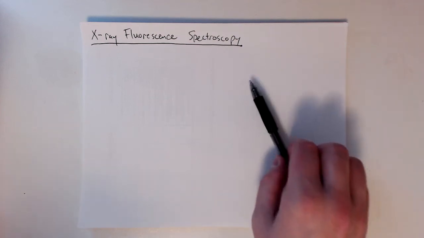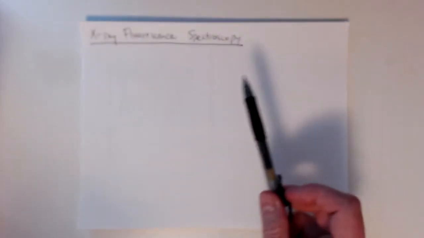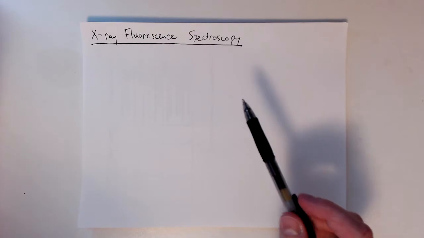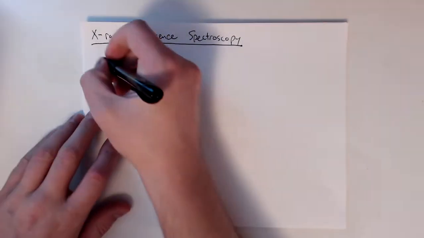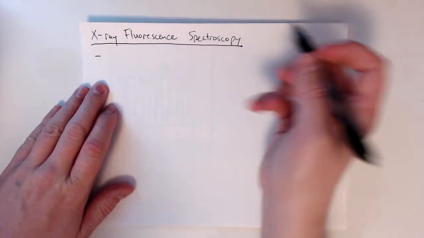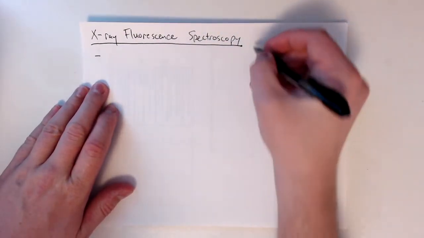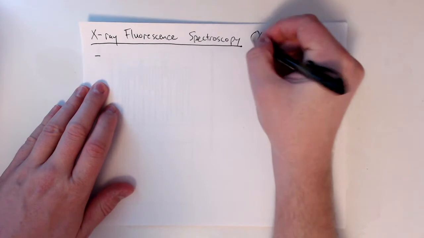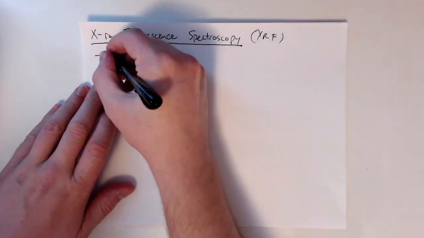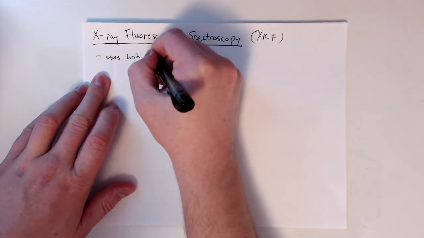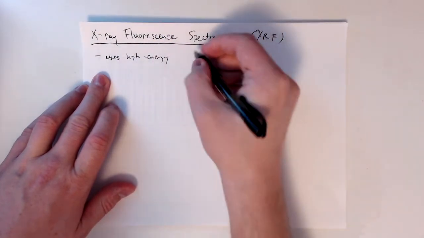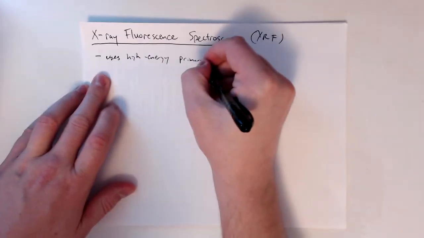All right, in this module we're going to talk about X-ray fluorescence spectroscopy, and we're going to look at the two different ways we can do this. So just as a refresher, X-ray fluorescence spectroscopy, or XRF, uses high energy primary X-rays.